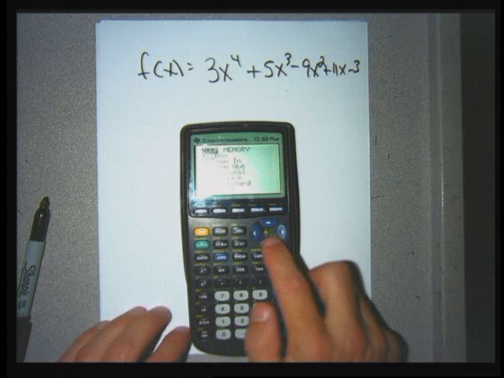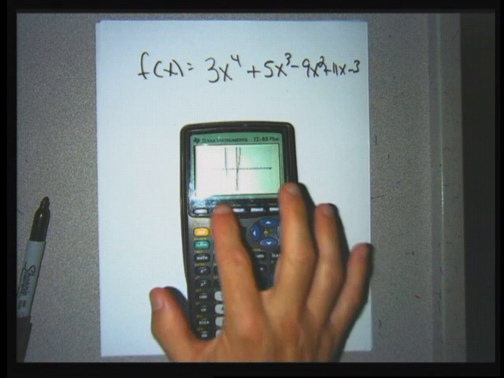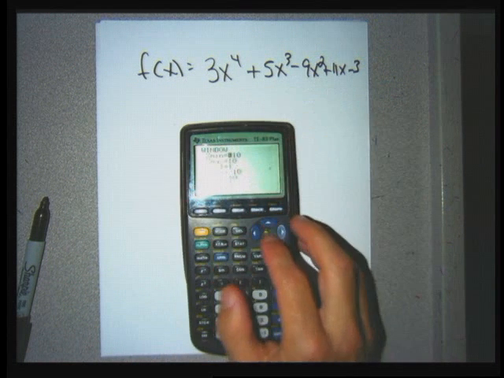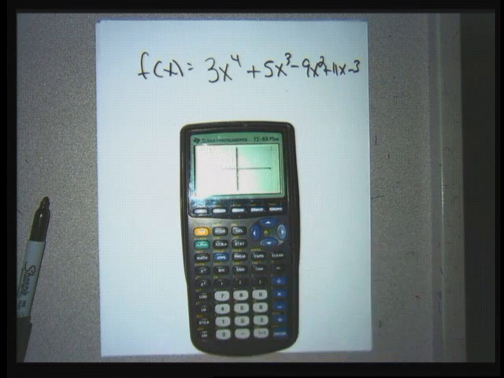Go back to that nice standard window. I know it can't have more than 3 turning points, and in this window I can't get a good grasp of this graph. Let me change the y's to the hundreds, just so you might get a better picture here.